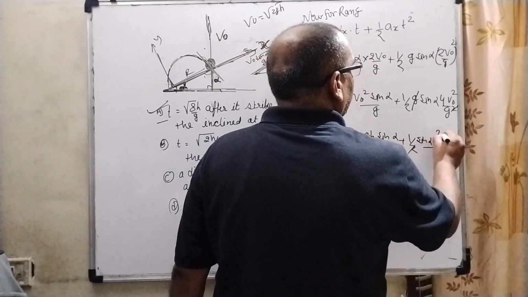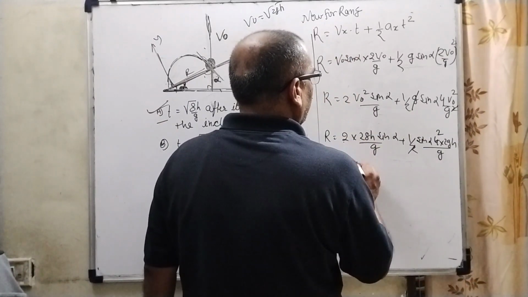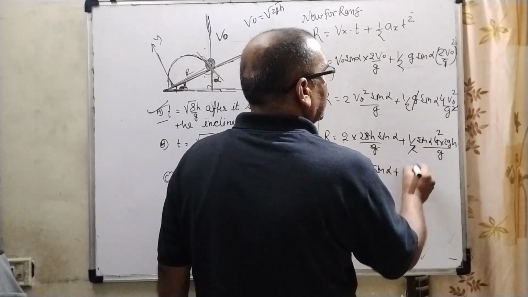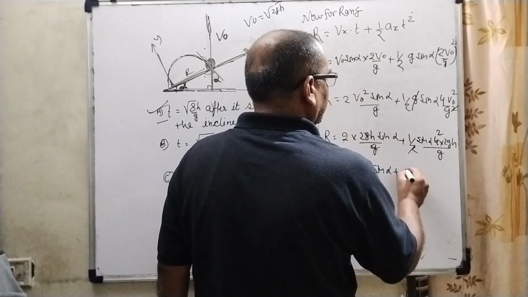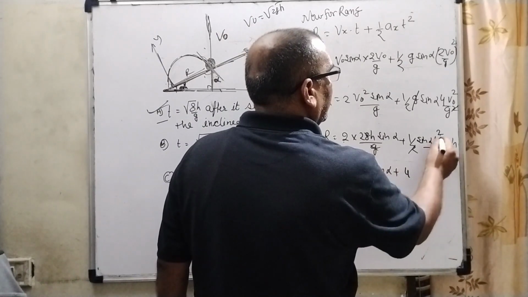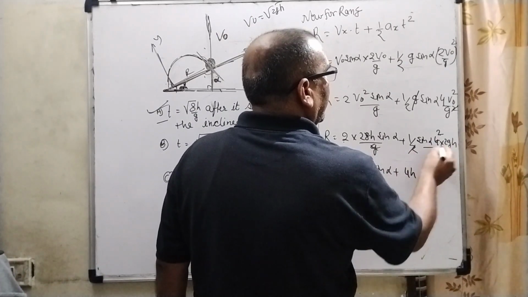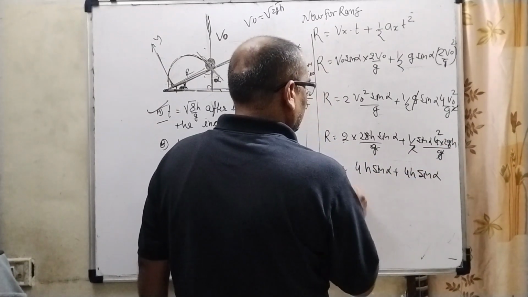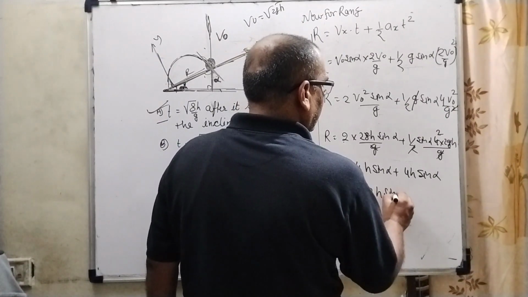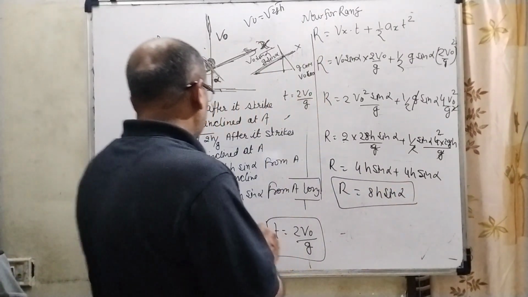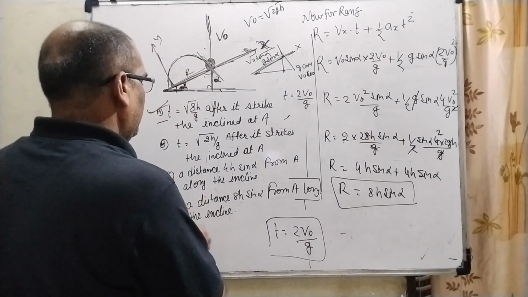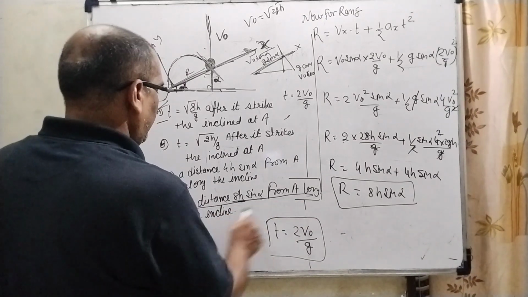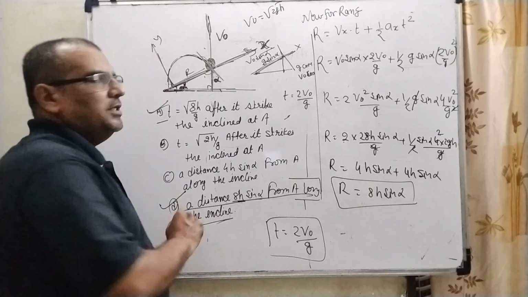So 2 times 4, g cancels out, h sine alpha, plus here 2 times 4, h, and this g and this g cancel out, and again sine alpha. So R equal to 8h sine alpha. It is the range. So here we can see that option D, the distance 8h sine alpha from A along the incline, is also correct.